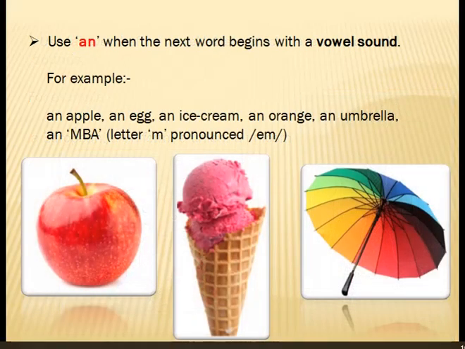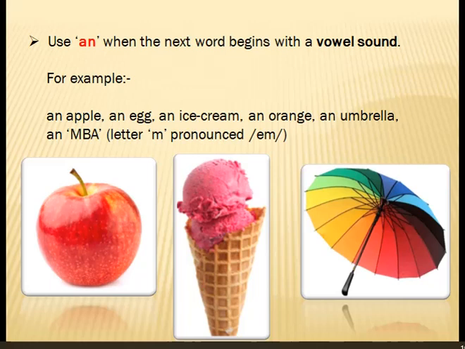Now look at these words here. Use an when the next word begins with a vowel sound. Just look at these words given here. Apple, egg, ice cream, orange, umbrella, MBA. All these words have a vowel sound.